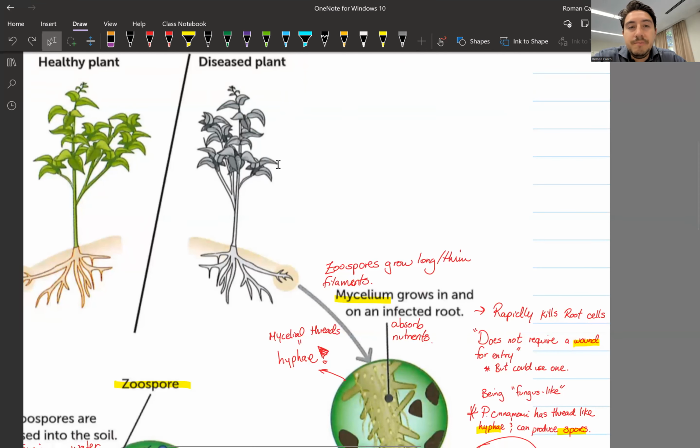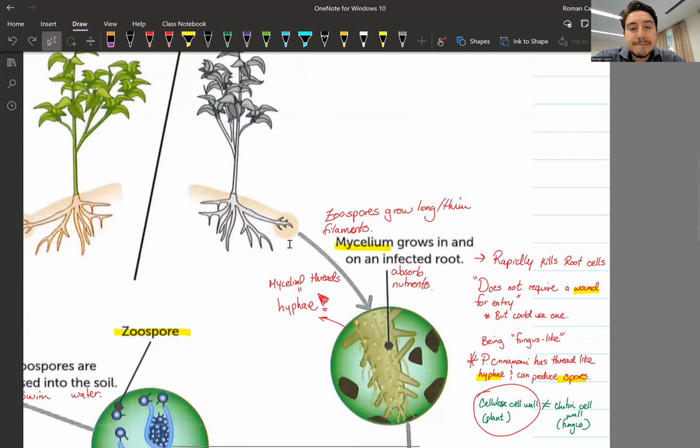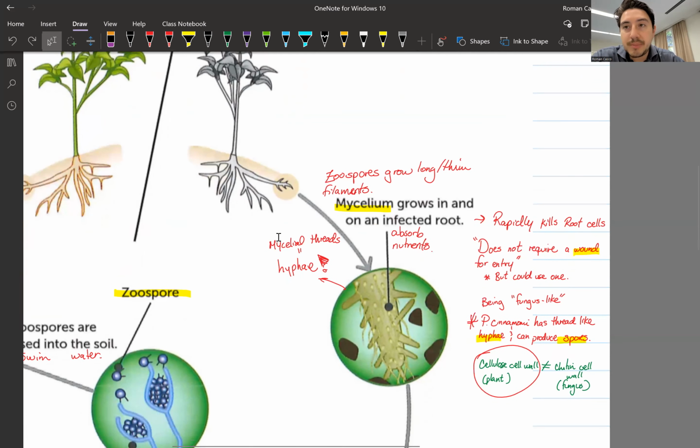So you have a plant that has the disease, and this disease is prevalent in the root system. And of course, it needs to propagate. It needs to spread out to more things.